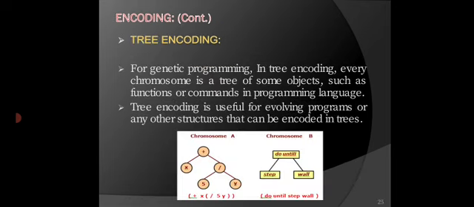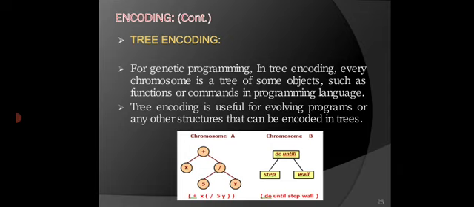Tree encoding. For genetic programming with tree encoding, every chromosome is a tree of some objects, such as functions or commands in a programming language. Tree encoding is useful for evolving programs or any other structures that can be encoded in trees. Right? It means one value is interconnected with two or more values, right?